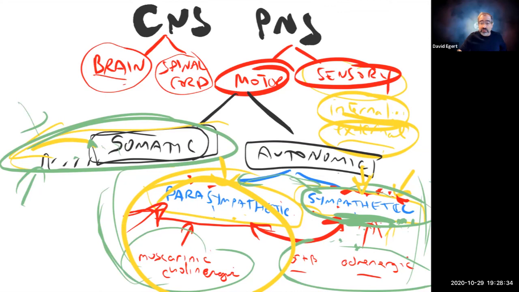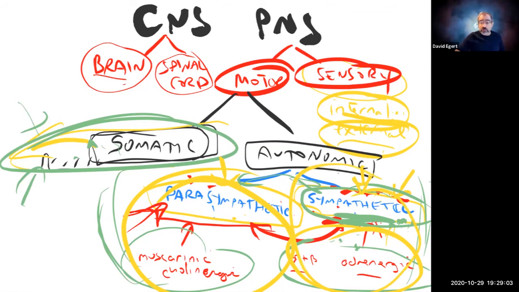If, for blood pressure, I want to keep the heart from speeding up, it would be an adrenergic antagonist because I want to inhibit the effect of the sympathetic nervous system. If I want to dilate the bronchial passages because someone's having an asthma attack, I want to activate sympathetic, then I'd want an adrenergic agonist, right?